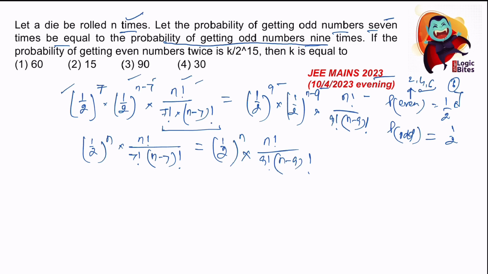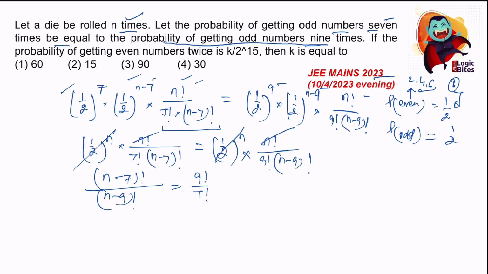So we can see that these terms will get cancelled out. We'll be left with n minus 7 factorial divided by n minus 9 factorial is equal to 9 factorial divided by 7 factorial.